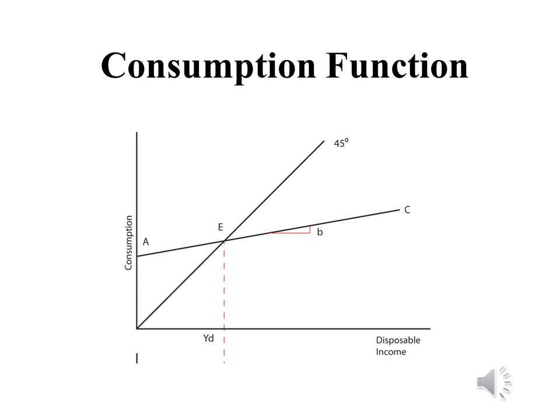Before point E, consumption is bigger than income on the 45 degree line. This means that we have negative savings. After point E, the income is bigger than the consumption. This means that we have positive savings.